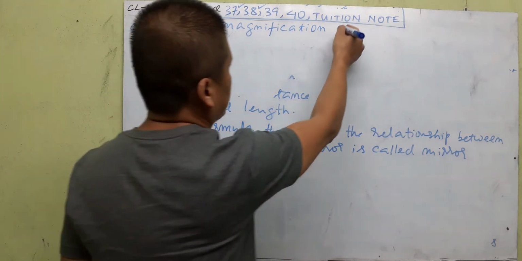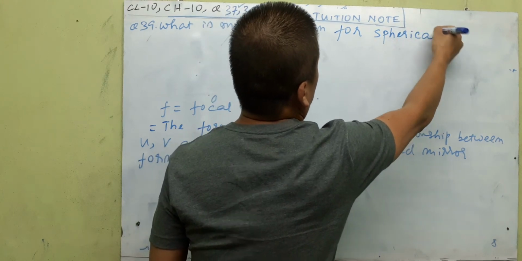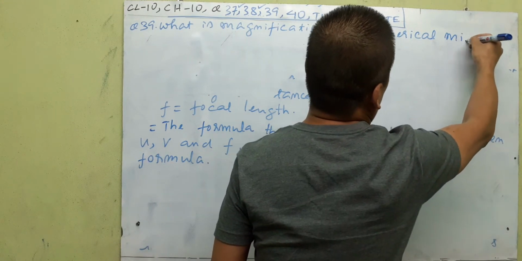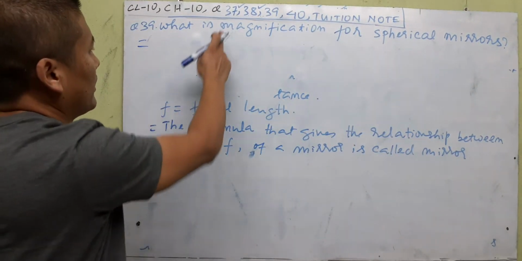For spherical mirrors. These are just quite easy. Let's just write it down. So M here, this is M, okay?